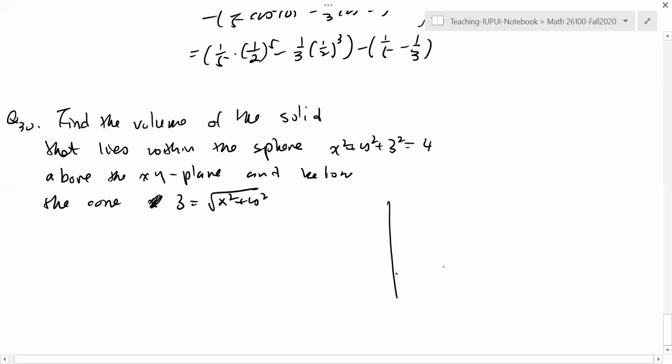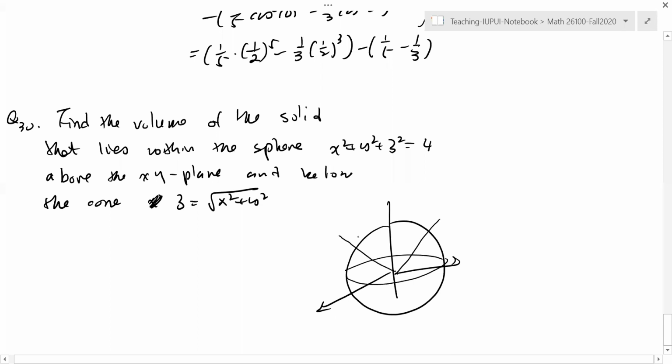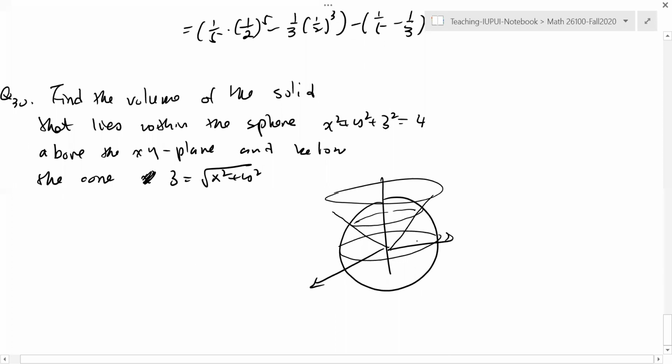So how can I describe this? Okay, so this is a sphere. The radius is going to be 2. So how do you describe the cone? The cone looks like that. Okay, this is a cone. So there's the intersection here. It's below the cone, above the xy plane.